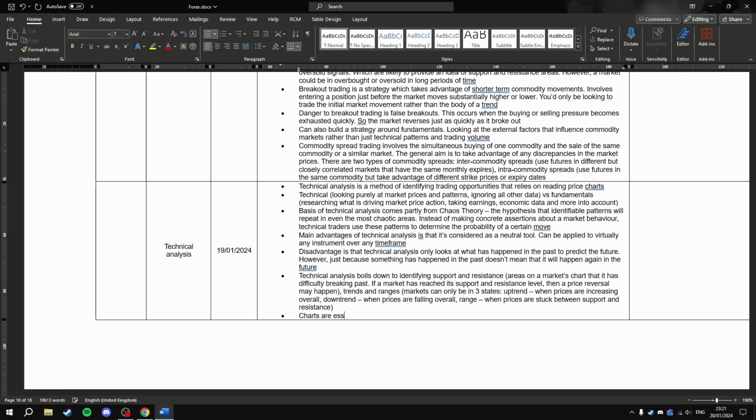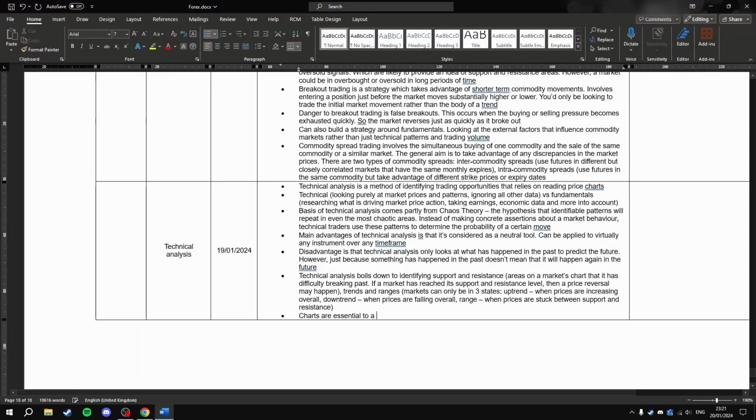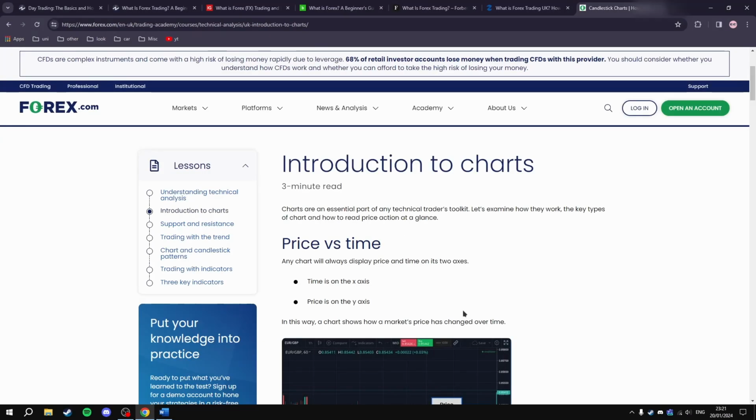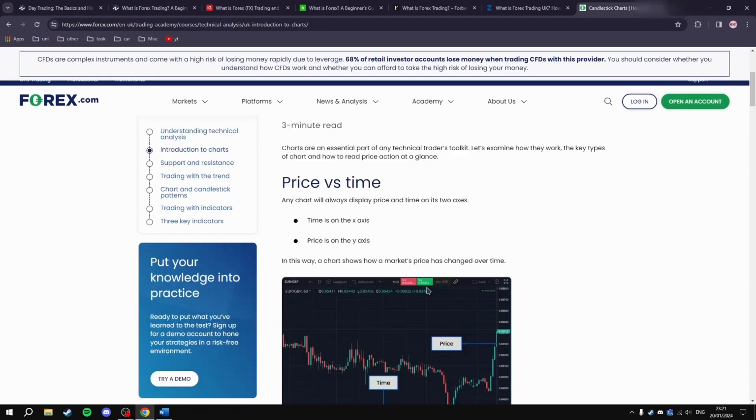Charts are essential to a technical trader. Any chart will always display price and time on its two axes.